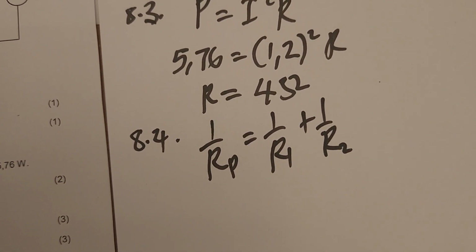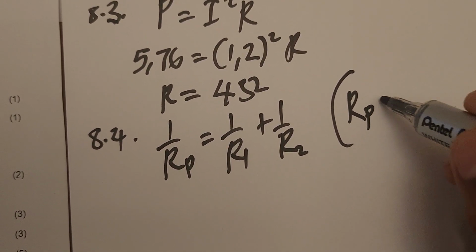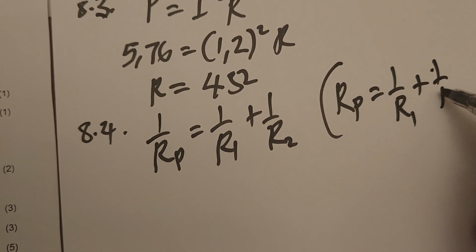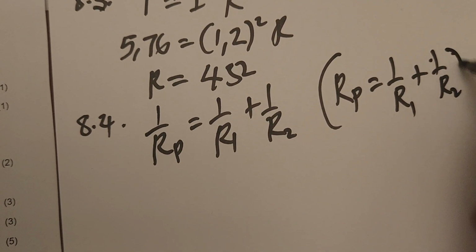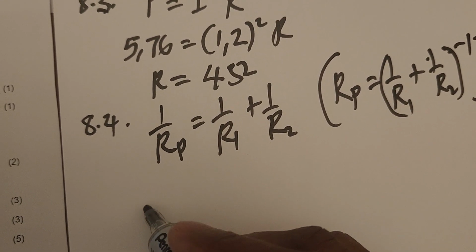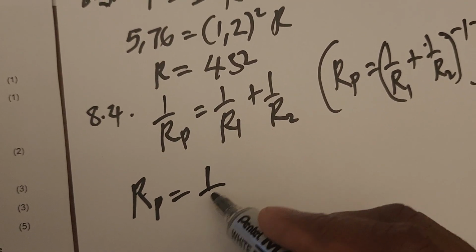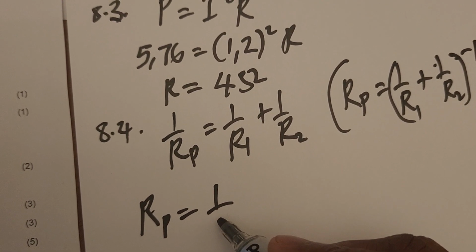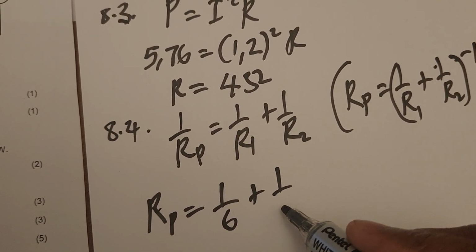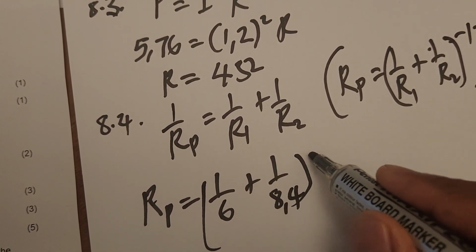I think there are only two lines in parallel there, or some like manipulating formulas. We can write this as 1 over R1 plus 1 over R2, all to exponent -1. There's another alternative formula which I also like. It will be now 1 over 6 plus 1 over 6 plus 2.4, which will be 8.4, all to exponent -1.